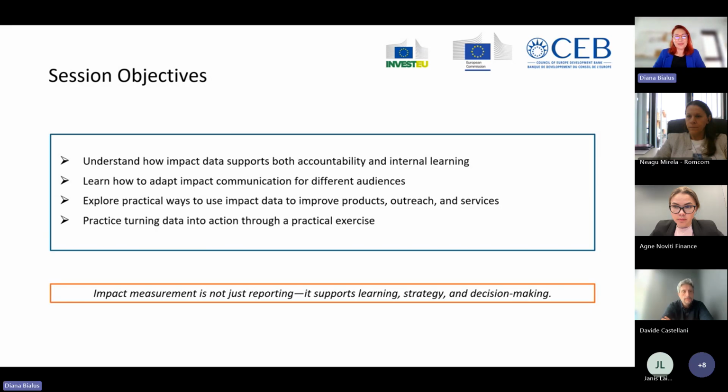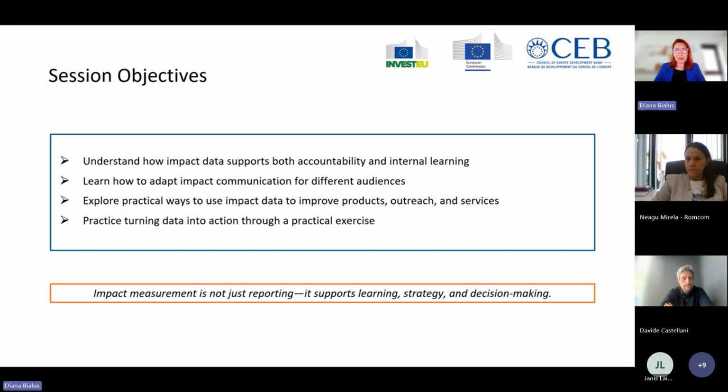So we will look at how impact data supports both accountability towards external stakeholders, but also internal learning, and then how to adapt outcomes and impact communication for the different audiences.